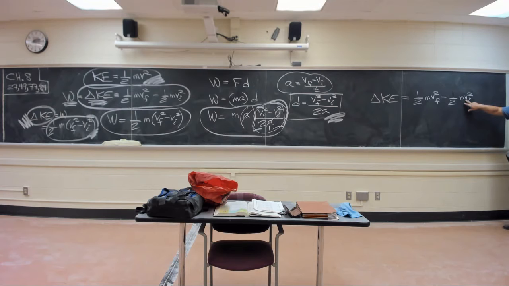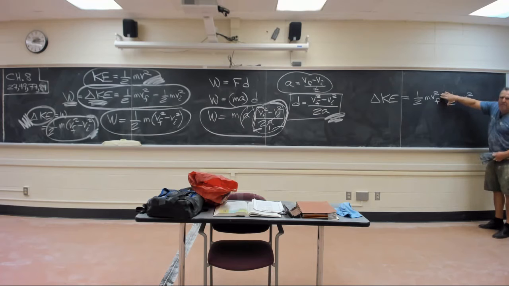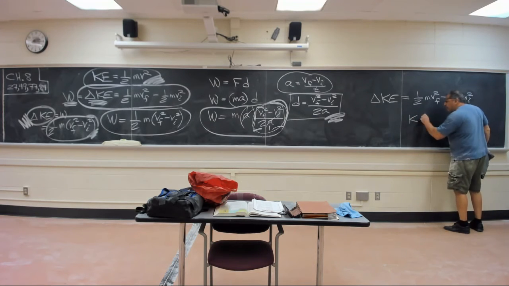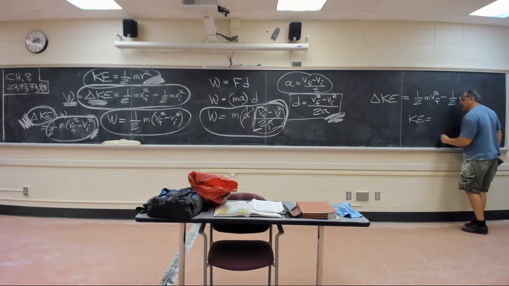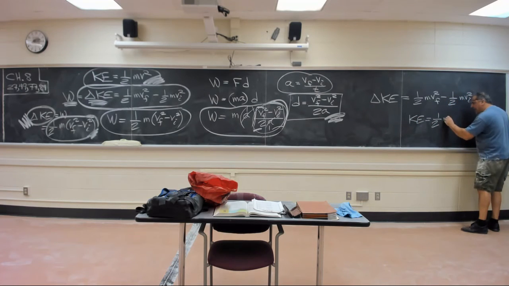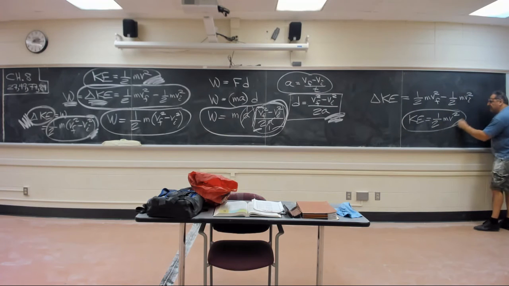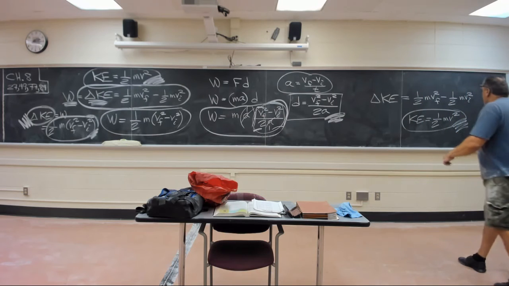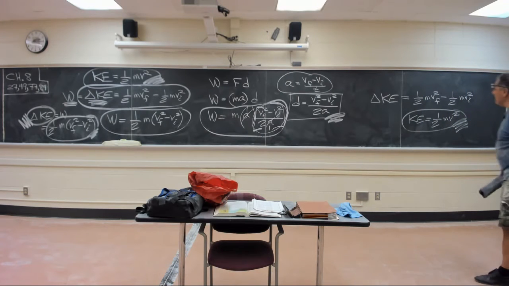What if the thing started with zero velocity, or the magnitude of velocity was zero? Then it's just this, 1/2 m Vf squared. So generally speaking, they write KE is 1/2 mv squared. K equals 1/2 mv squared.